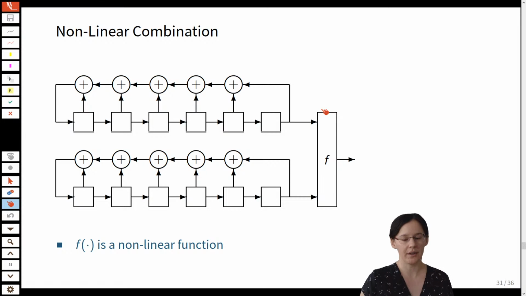And what you will see in the exercises is how you can exploit particular properties of a nonlinear combiner. So for example, in some cases, if you learn a bit about the output, you may be able to infer something about the inputs. So for example, if this were an AND, and you observe that there is a 1 at the output, then you would immediately know that both of the inputs were also 1.